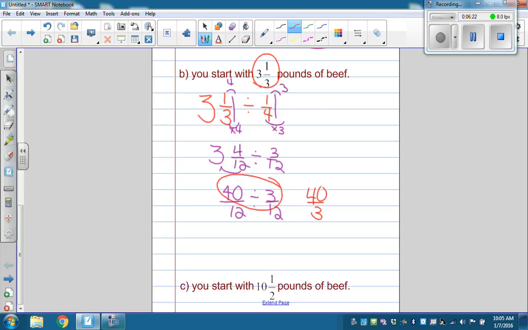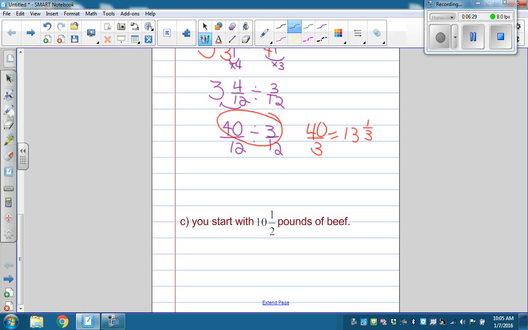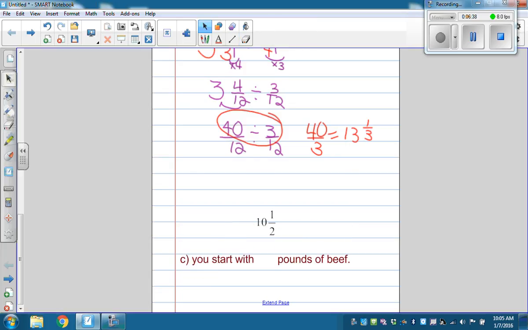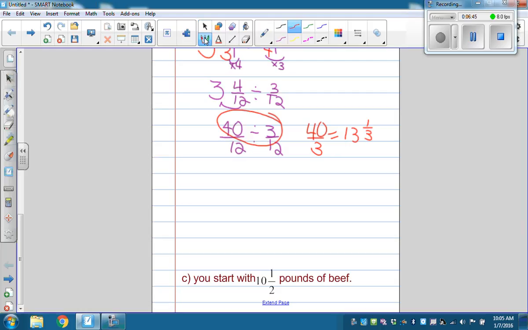Okay, so Oliver, you got pretty good at this part. What does that mean? That's 13 1/3. What does it mean? That means you can make 13 and 1/3 of a burger. You can make how many whole burgers? 13 whole burgers, right?